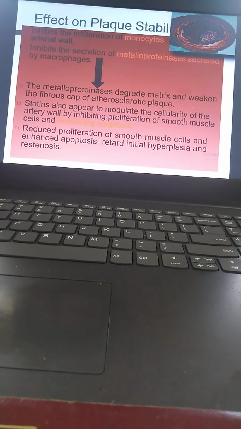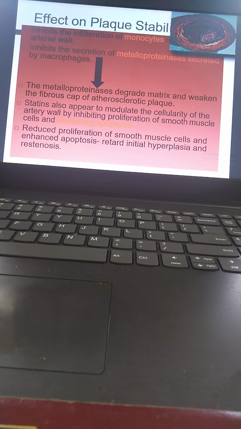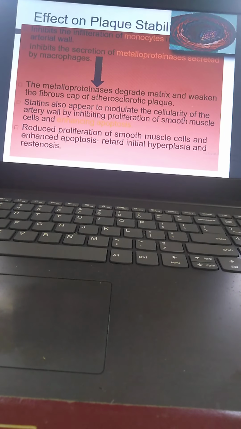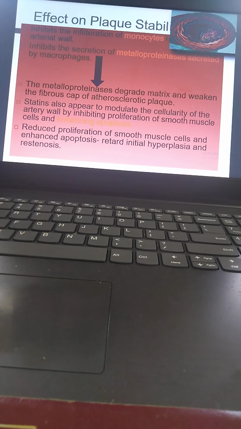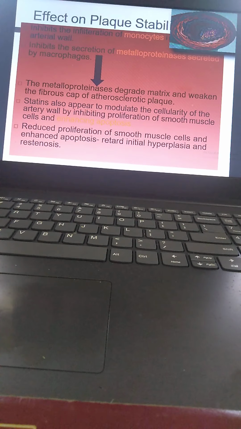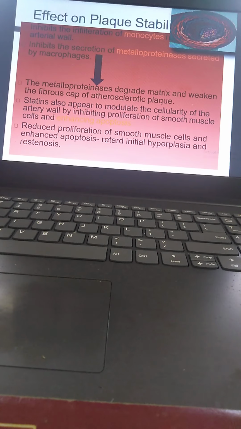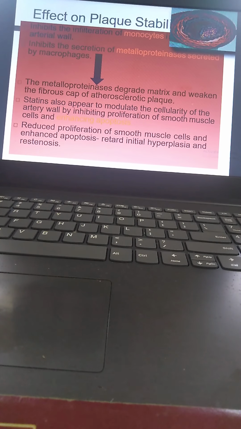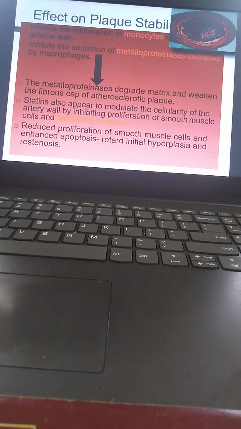Effect on plaque stabilization: statins inhibit the infiltration of the arterial wall and inhibit the secretion of macrophages. Here we have to note down that metalloproteinases degrade matrix and weaken the fibrous cap of the atherosclerotic plaque, so this is being preserved. Statins also appear to modulate the cellularity of the artery wall by inhibiting the proliferation of smooth muscle cells and enhancing apoptosis, that means cell death under regulatory control, which maintains good health in the plaque.